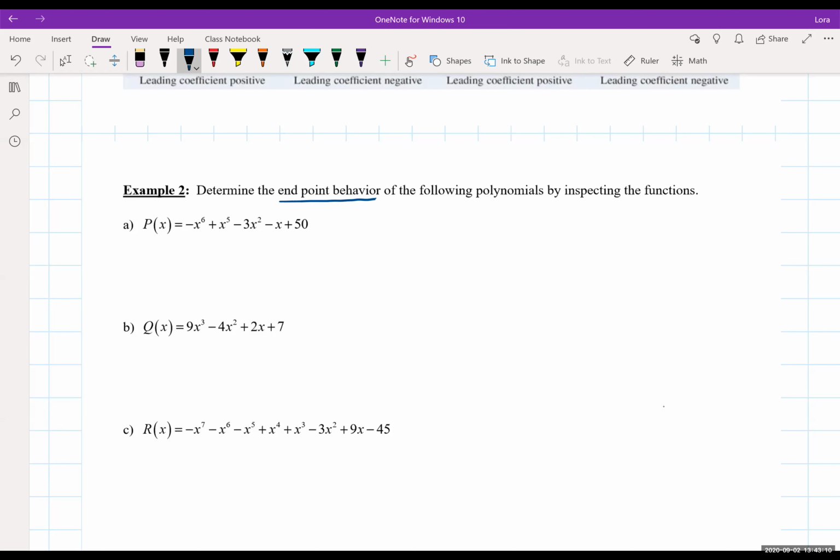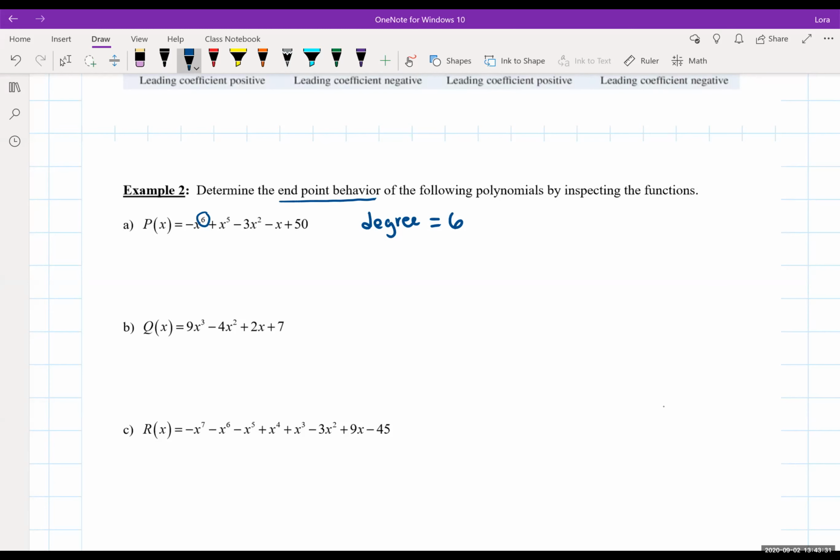So first off, I will mention the degree of the polynomial. In this case, it's the exponent on x, the highest exponent, and it looks like we have the 6. Once I can determine the degree, I just ask myself, is this an even or odd number?